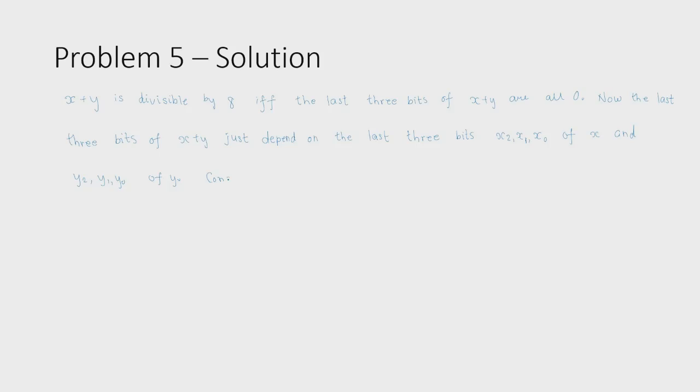So now consider this: Alice sends x2, x1, and x0 to Bob.